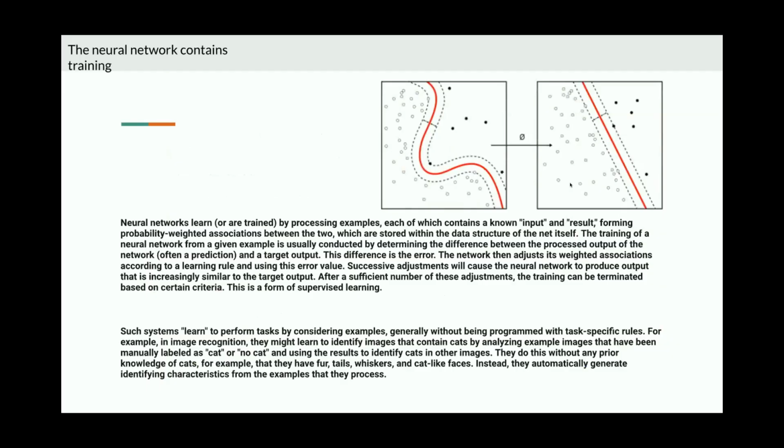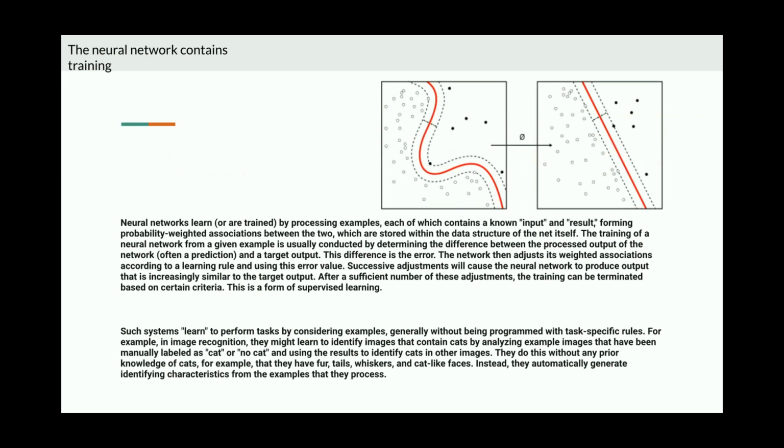The neural network contains training, and neural networks learn by processing examples, which are known as the input and result, forming probability-weighted associations between the two, which are stored within the data structure of the net itself. The training of a neural network from a given example is usually conducted by determining the difference between the processed output of the network and the target output.